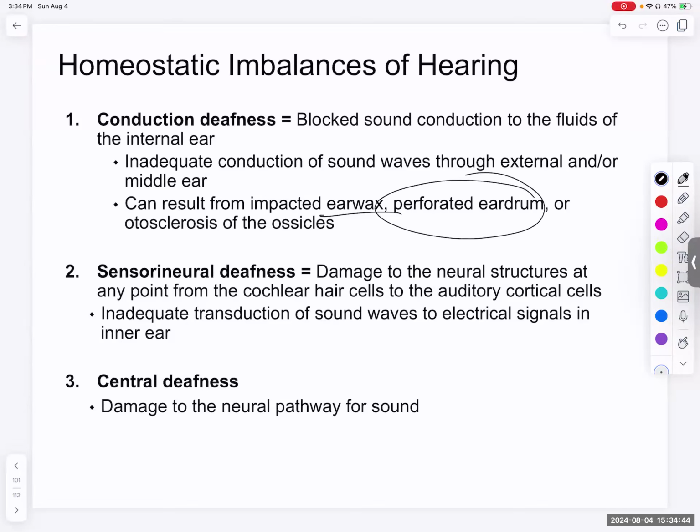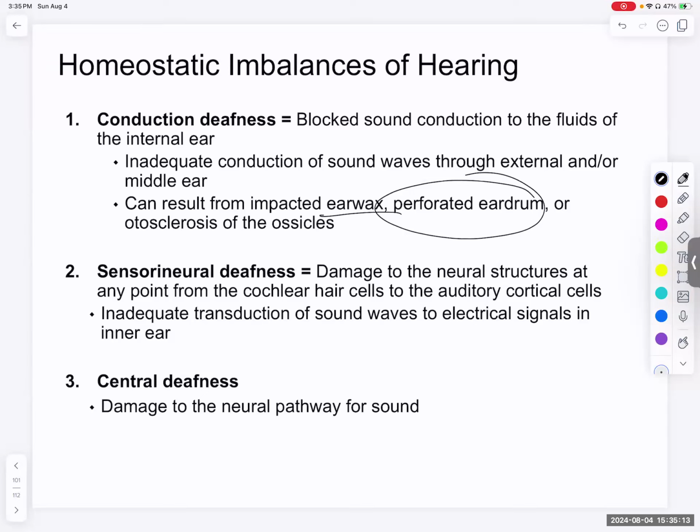It can be the eardrum is perforated, or you have too much mucus in the tympanic cavity in your middle ear, and so those auditory ossicles can't vibrate. The deal with conduction deafness is you're not really effectively transferring the sound wave energy to the cochlea. So there's a breakdown in that energy transfer.